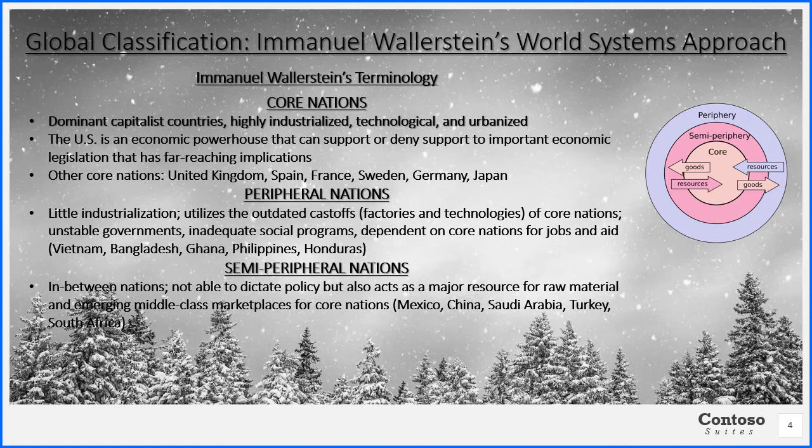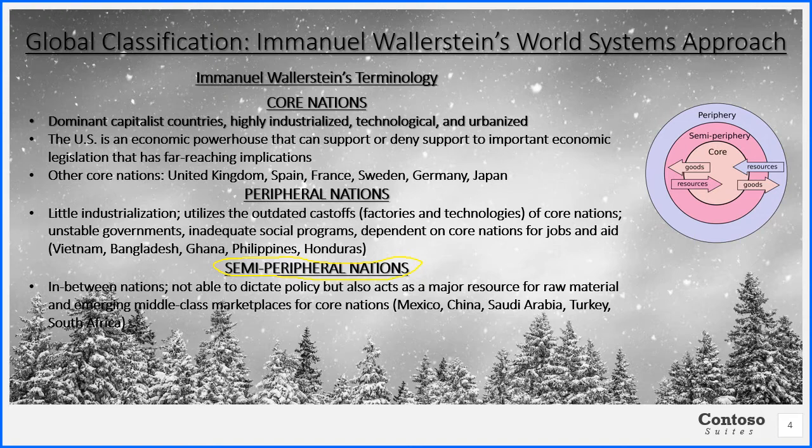So next, I'm going to skip actually to talk about semi-peripheral nations first. Semi-peripheral nations are your countries that are in between. They're your middle class countries, for lack of a better term. They're not necessarily destitute.